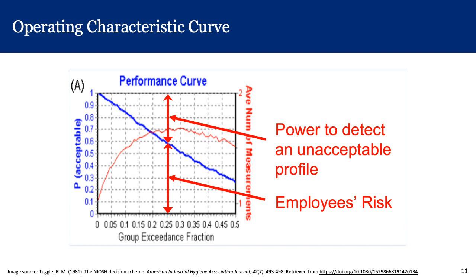So this is the curve at the very top, which is also marked as high variability, GSD equal to 2. And at an exceedance fraction of 0.25, which is a clearly unacceptable exposure profile, because 1 out of 4 exposures exceeds the exposure limit, Tuggle predicted that the use of the NIOSH strategy will result in the wrong decision more than 50% of the time.